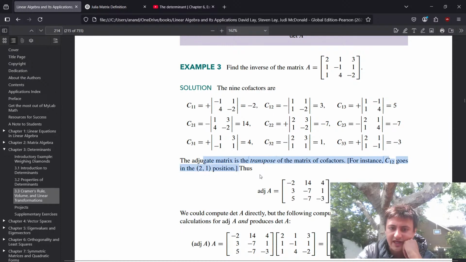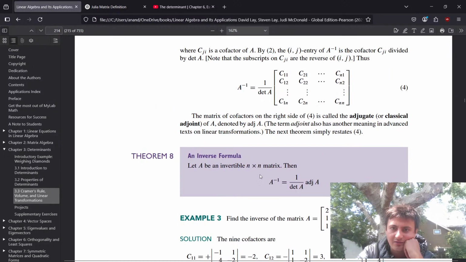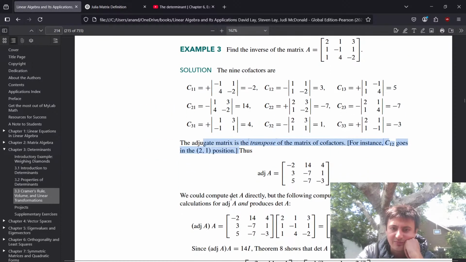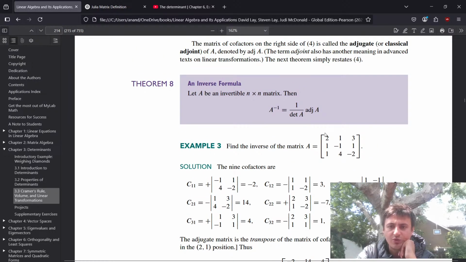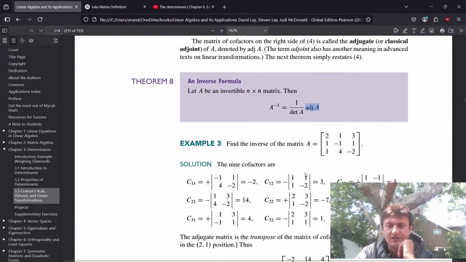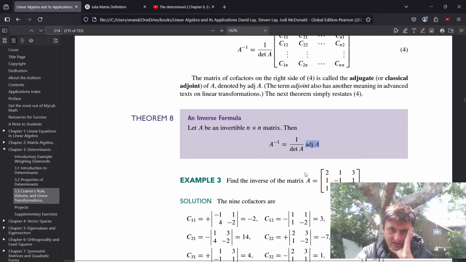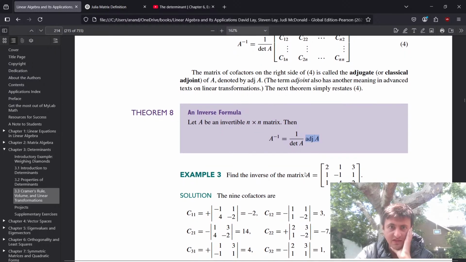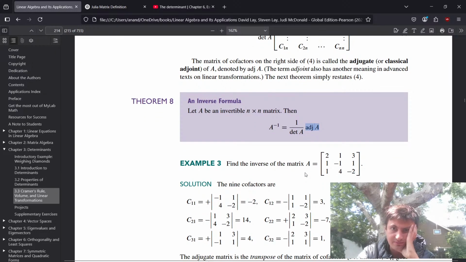All right, so here we get the, okay, but now we gotta compute the determinant of A. So it's 1 over the det of A times the classical adjoint.